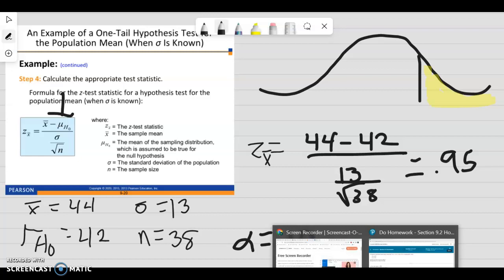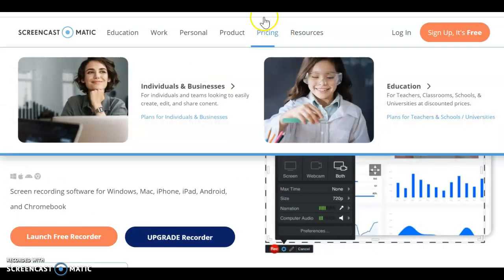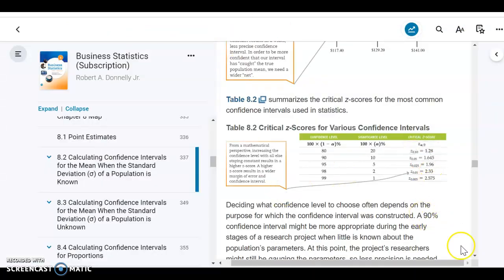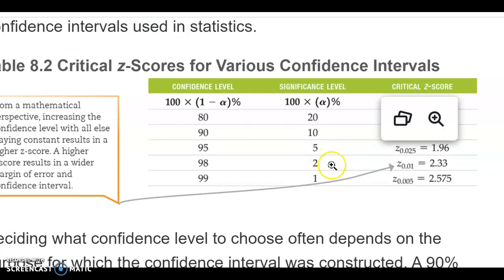So what you can do is you can look in your book or on the PowerPoint. If I go to my book on page 344 and I look up the critical Z-score, if you see Z 0.10, you can see the Z value is 1.28. It's the first one right here.